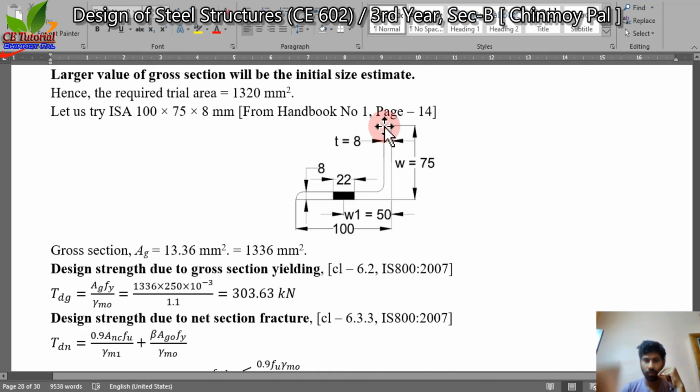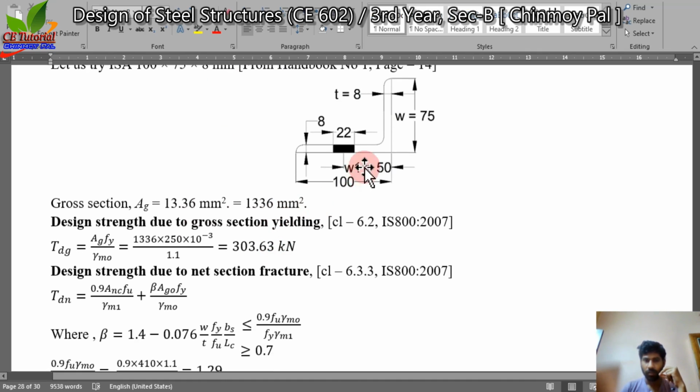Now you have to calculate the actual load carrying capacity or the design strength of this section, because the cross section area of this member is not equal to the calculated value, it is more than that. That's why you need to calculate the design strength of this section.